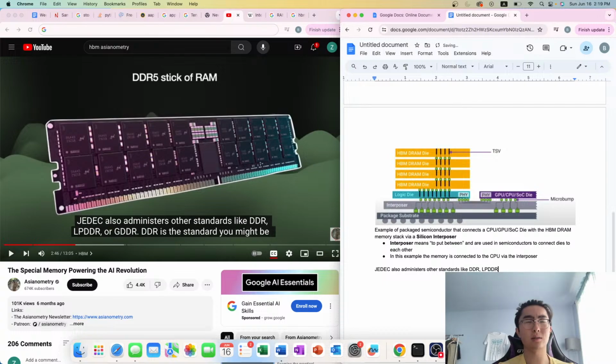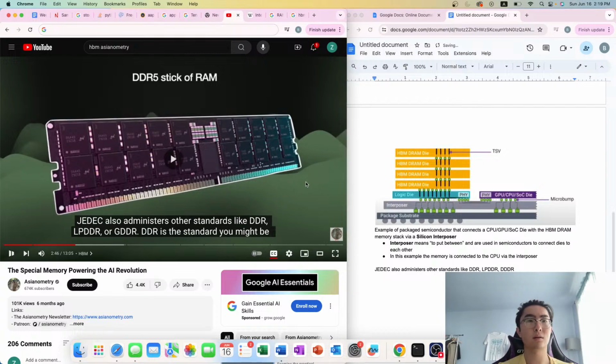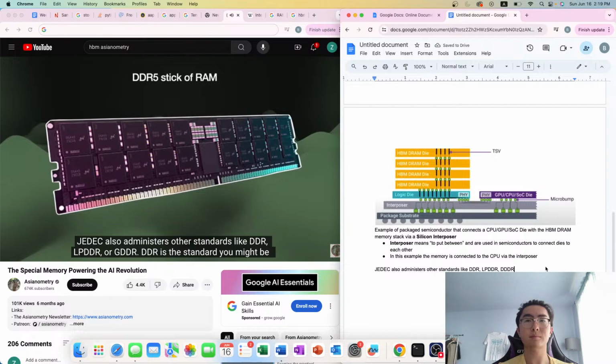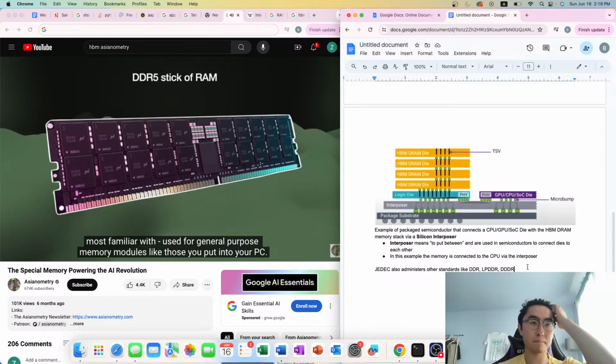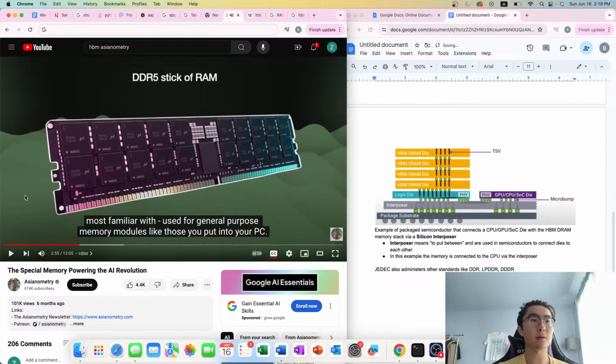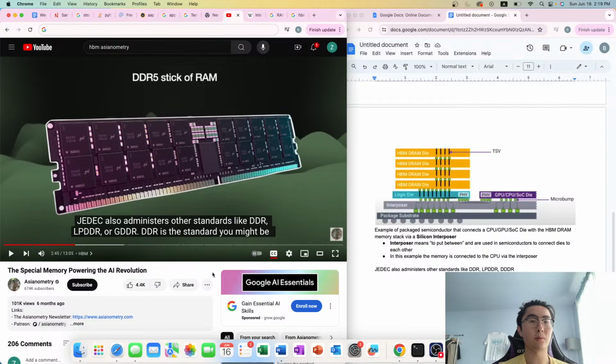Not too sure what LPDDR means. GDDR. DDR is the standard you might be most familiar with, used for general purpose memory modules like those you put into your PC. Okay, so this is a DDR stick of RAM.